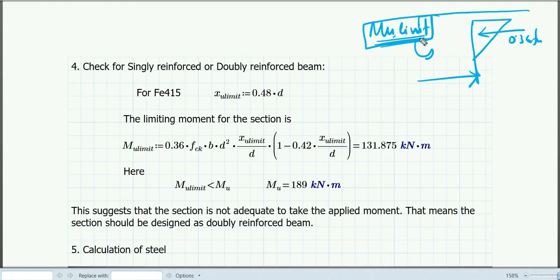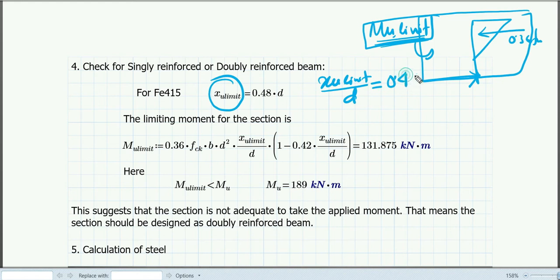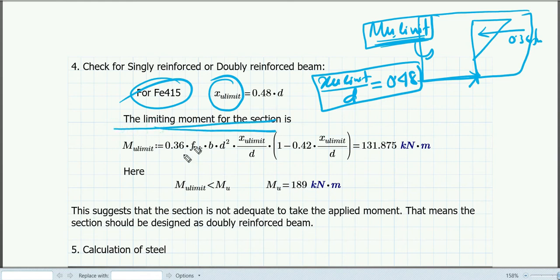So for that, let's look into what the Xu limit value is. The Xu limit value you already know, you have already used this. Xu limit by d for Fe415 grade is 0.48. You remember this value, it is 0.48 for Fe415, okay. Now you have to find out what the limiting moment of the section is.